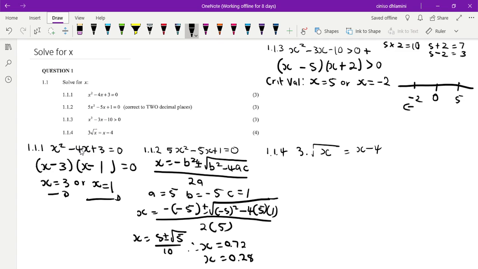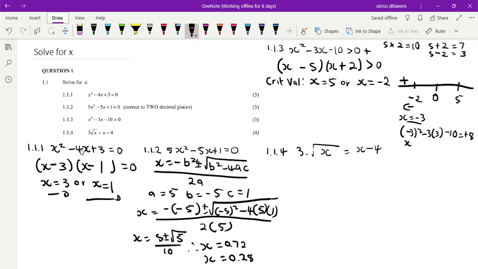So if you test here and say x equals -3, you substitute into your original equation, and it will give you a positive 8. Which means any value less than -2 is going to be positive.